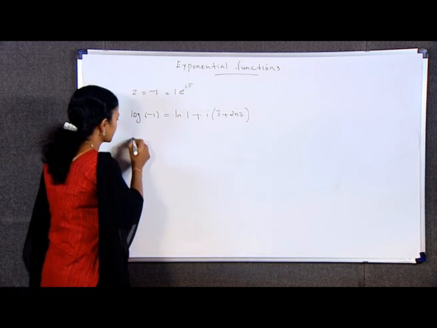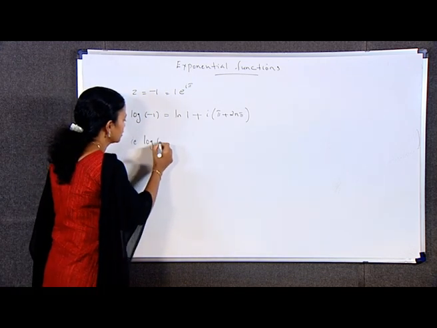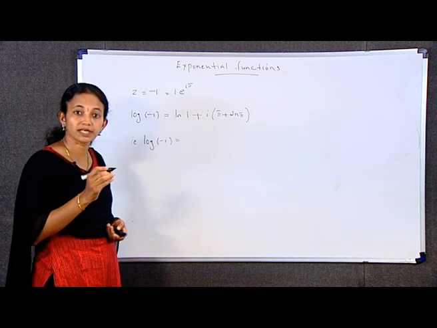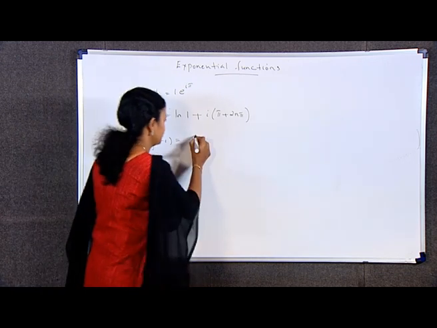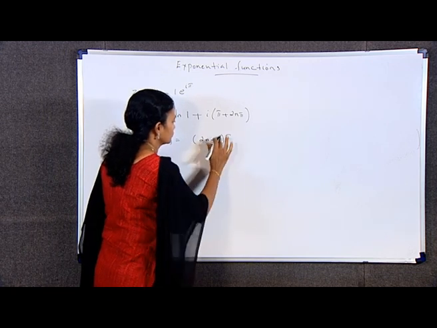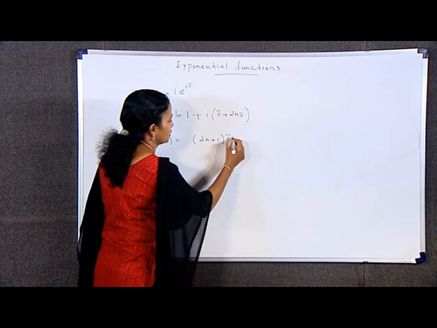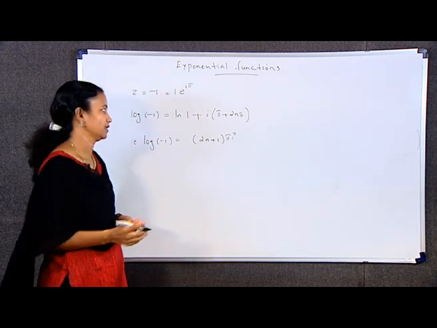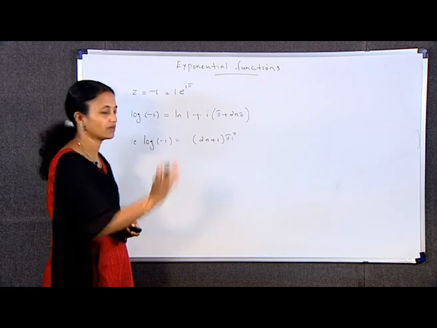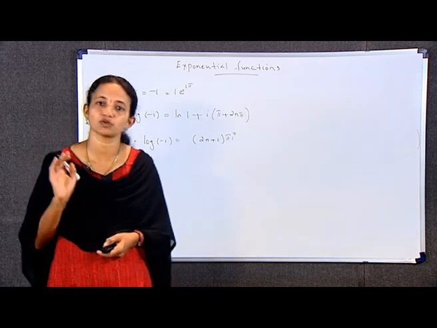That is, we can write log minus 1 is equal to 2n plus 1 times pi i, that is we are taking pi outside. Of course, this n varies from 0, plus or minus 1, plus or minus 2, etc.